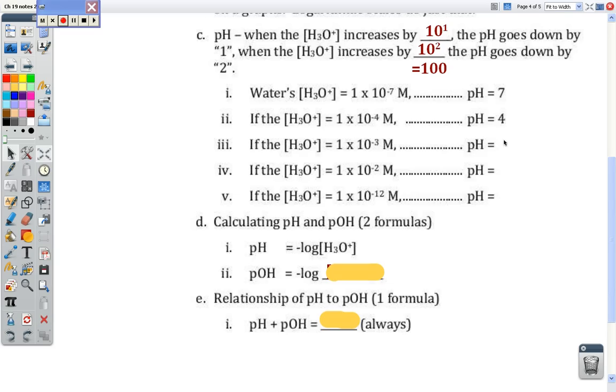So this one's going to be what? This one's going to be 3. This one's going to be 2. And this one, look at that, negative 12 is going to be 12.